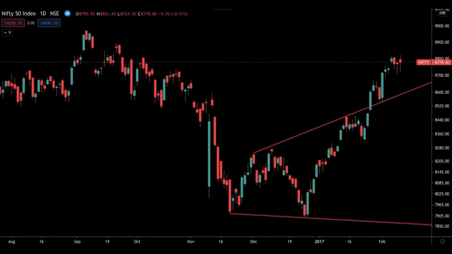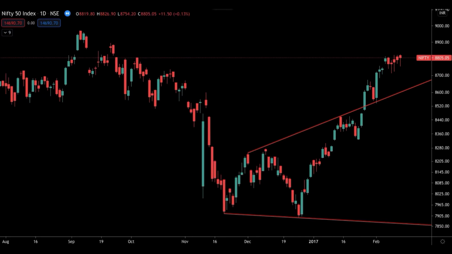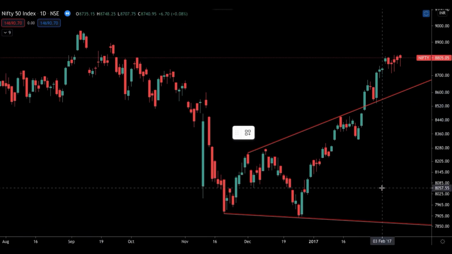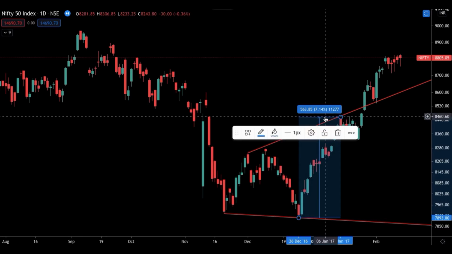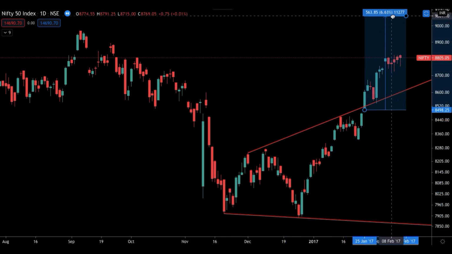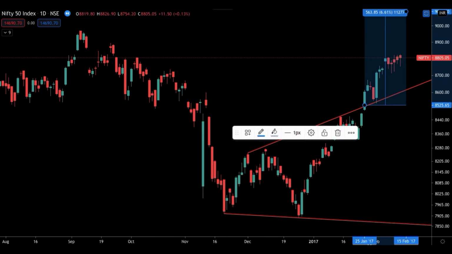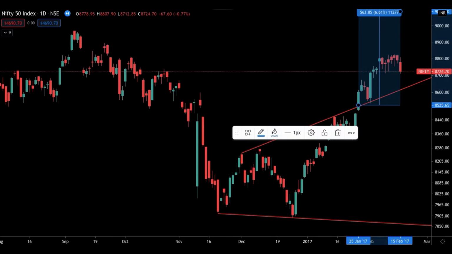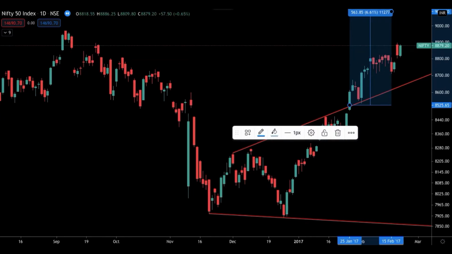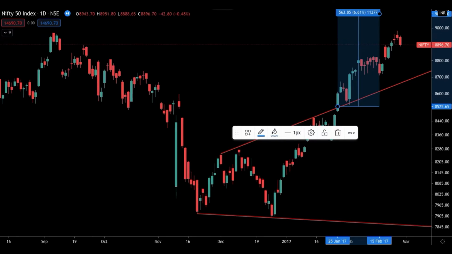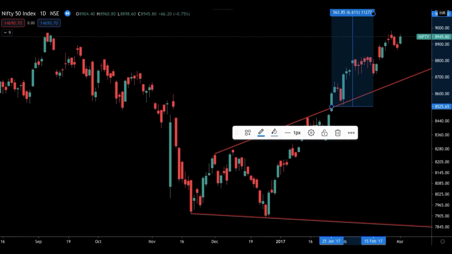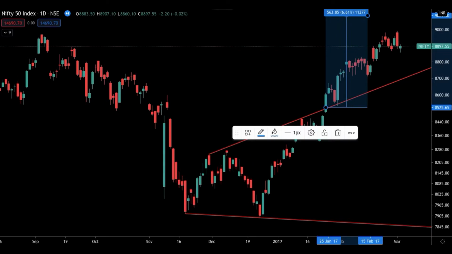Now we can expect Nifty to go, based on average, about 563 points from here. So let's see how much Nifty goes from here towards the upside. Nifty has nearly completed 50% of its target, nearly completing 75%.